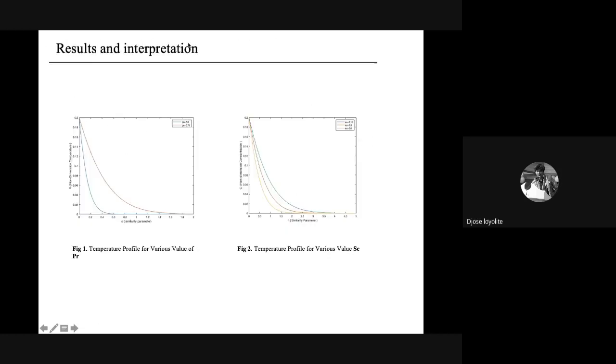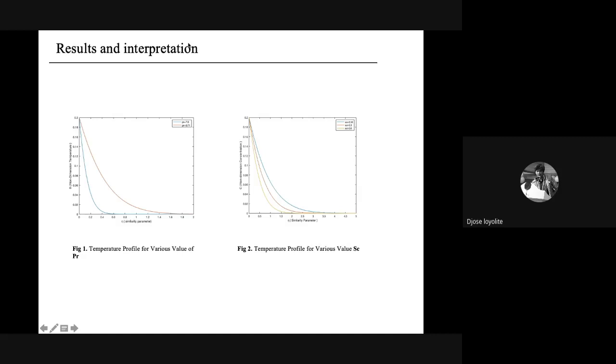Now my results and interpretation. Figure 1 shows the temperature profile for various values of Pr, that is the Prandtl number, setting Pr equal to 7.0 and Pr equal to 0.7. Processed in the software, the 2D image shows here that temperature increases with decreasing values of Pr, which means the heat transfer will be more in air than in water.